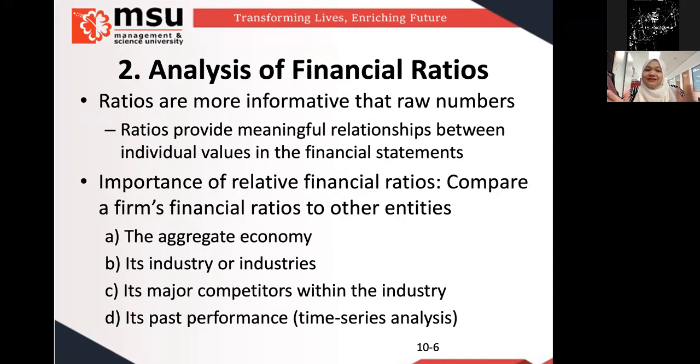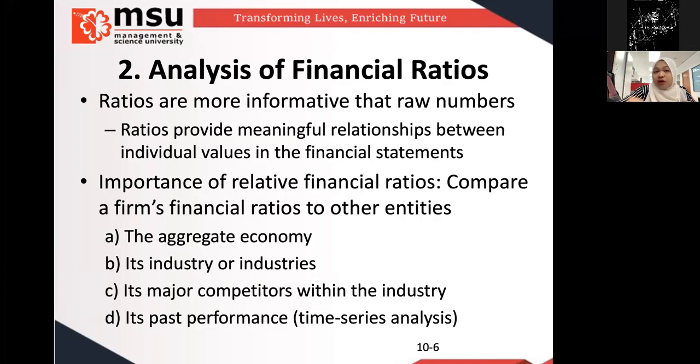The analysis of financial ratios is actually information which comes from the raw numbers. So it's numbers. From the numbers themselves, we will compare which company is better, using the ratios.